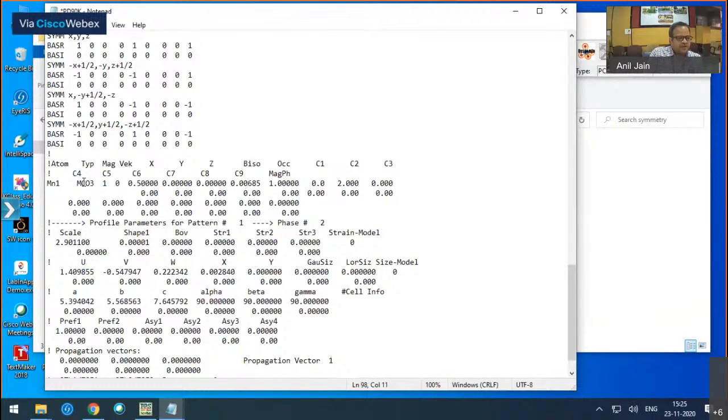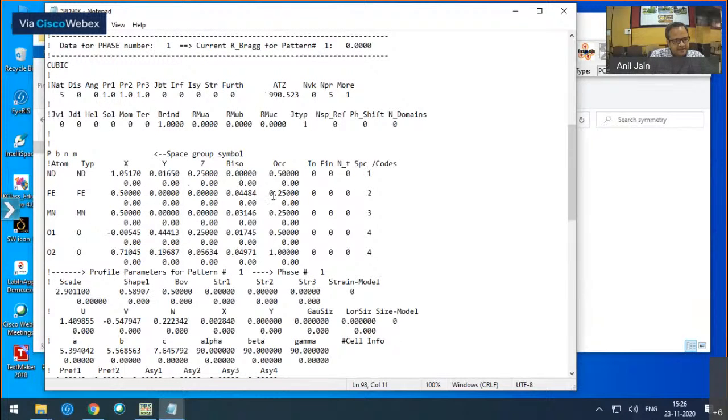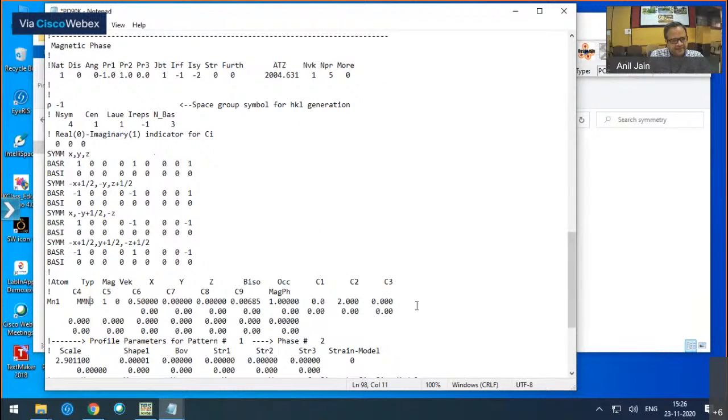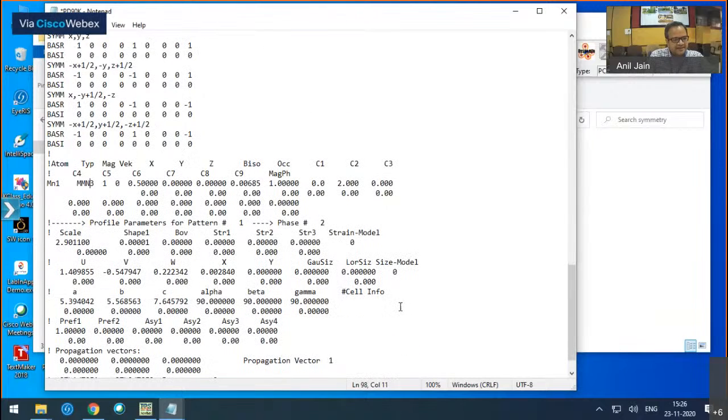So this code word M is telling me that this atom is magnetic. So I write Mn, and 3 means Mn3+. And this 1/2, 0, 0 is the position which is given here. And when we write in the magnetic phase, it is fully occupied.